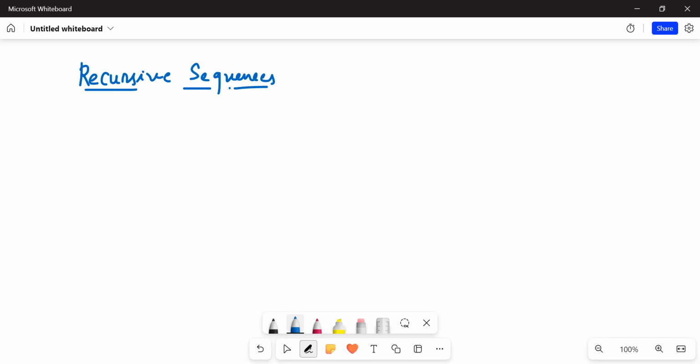So what is being repeated? In the general term of the sequence, the previous terms are going to come. Those sequences are called recursive sequences. I'm just giving them a name. It's not even necessary that you know this name, but fine.